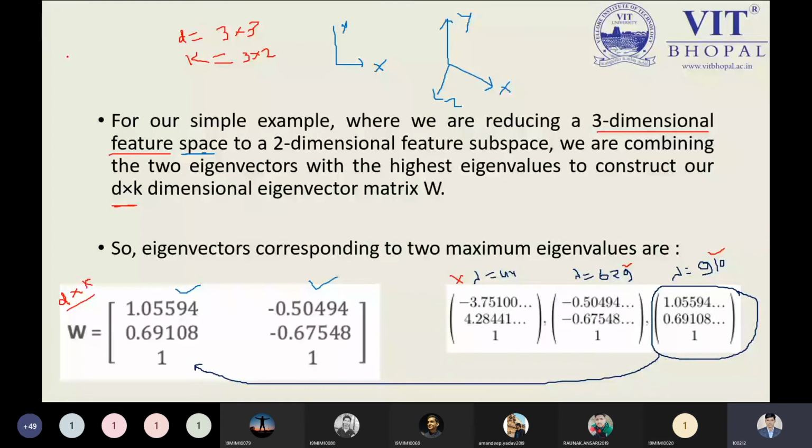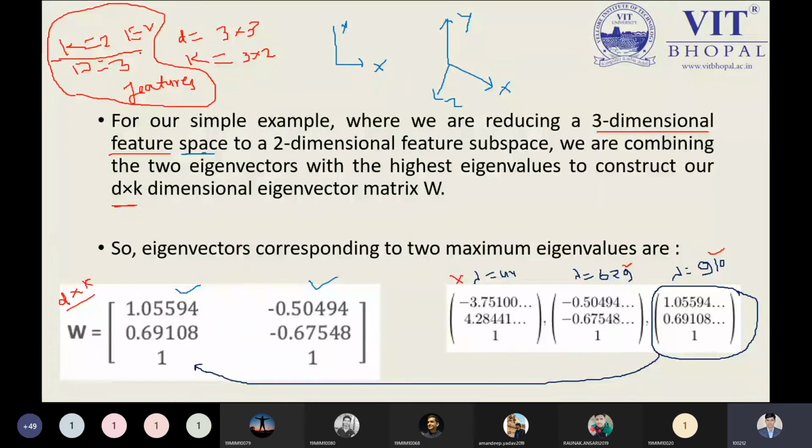K means the total number of eigenvectors, actually, and D is the total number of features. We have selected math, English, and art. So these are the values, just keep them in mind.